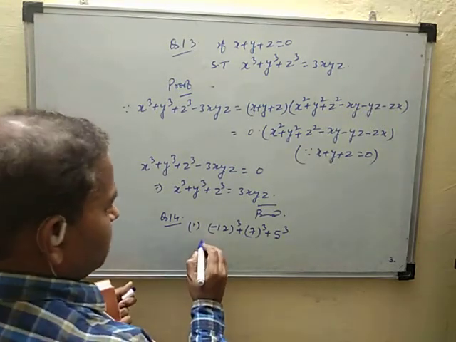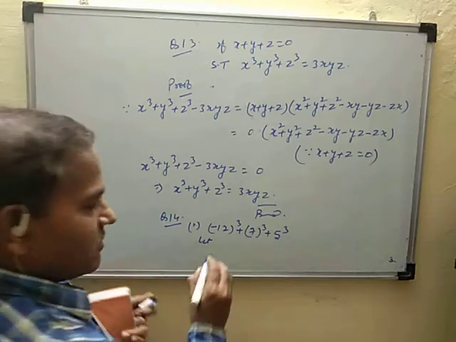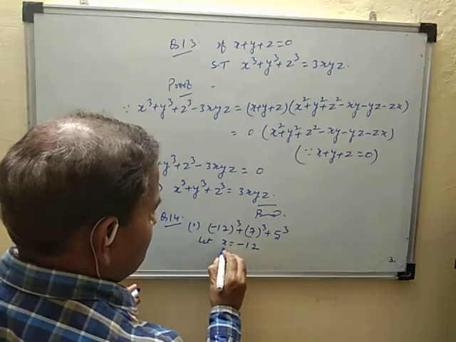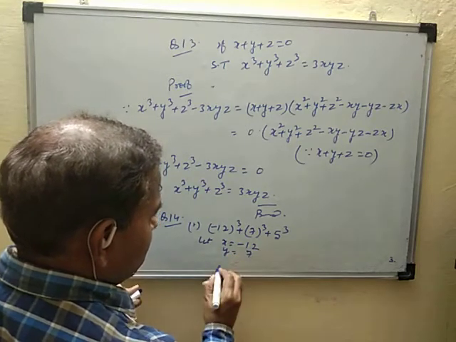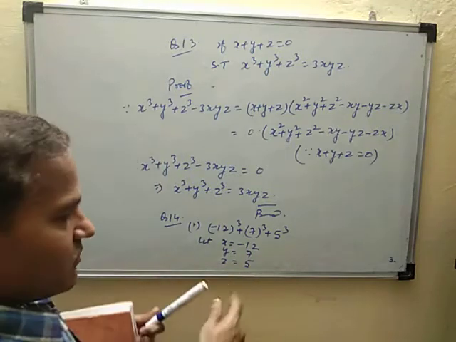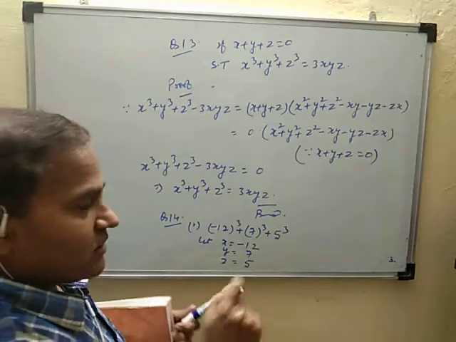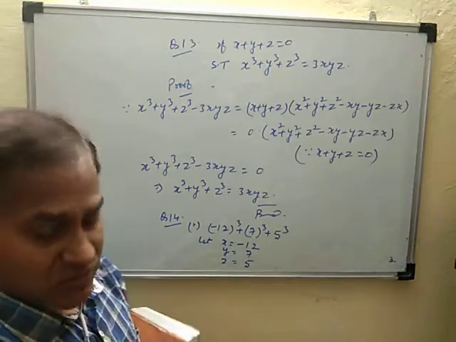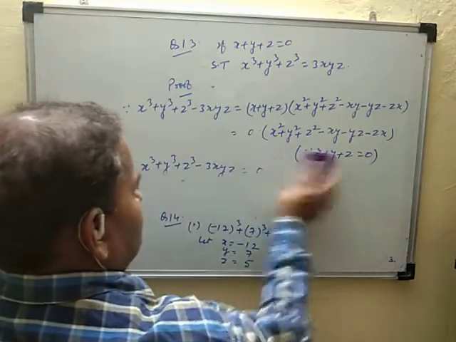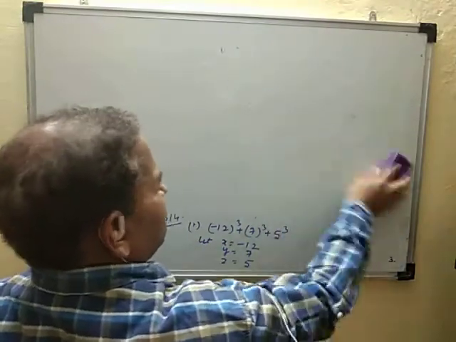So first we suppose the first number minus 12, let x is equal to minus 12, y is equal to 7 and z is equal to 5. First number suppose x, second number suppose y and third number suppose z. So let x, y, z. Now check their sum.